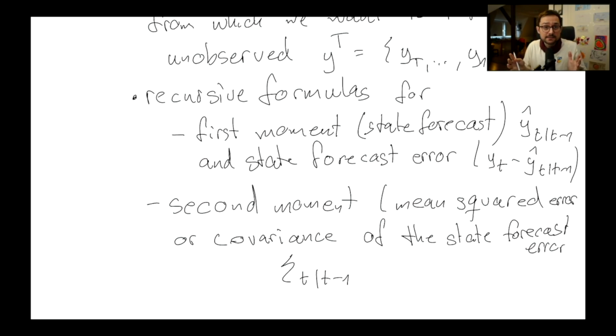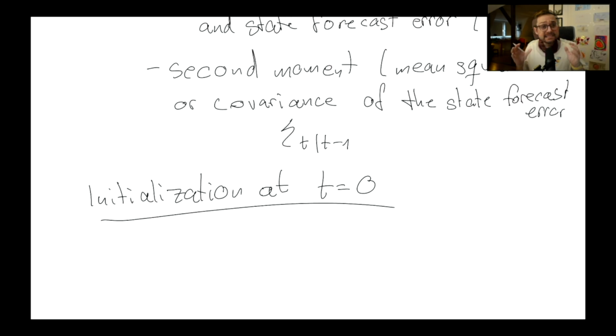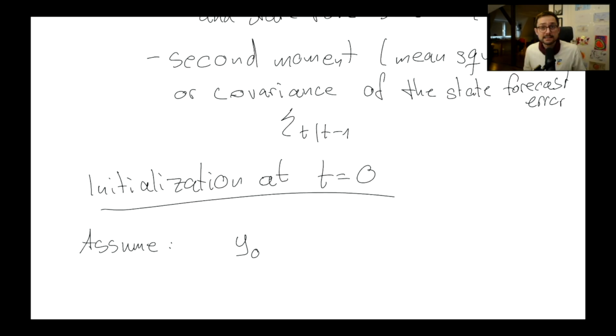Now, let's start in period t equals 0 when no observations are available, and let's think about what we can say about the next period. This is called the initialization step of the Kalman filter at t equals 0. Let's assume that the values for all my model variables at this hypothetical pre-period t equals 0 are also normally distributed with a certain mean and a certain covariance matrix.